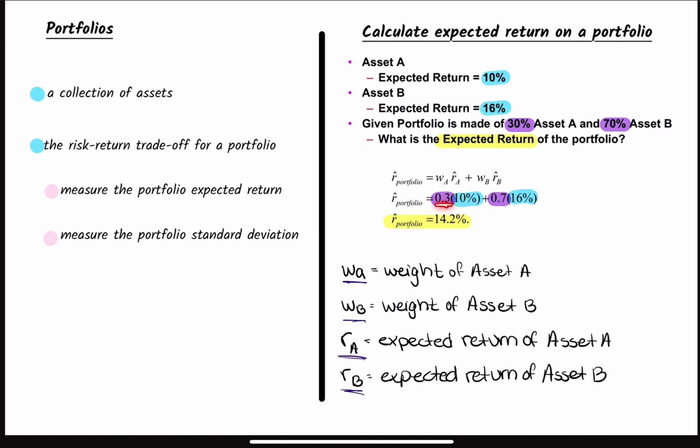So this is the 30% of asset A, which as a decimal is 0.3, times the expected return of asset A, which is 10%, plus the weight of asset B, which is 70% of the portfolio, times the expected return of that asset, which is 16%. And we get 14.2% as our expected return. Okay, so it's the weighted average. It's based on how much of each asset is in the portfolio.